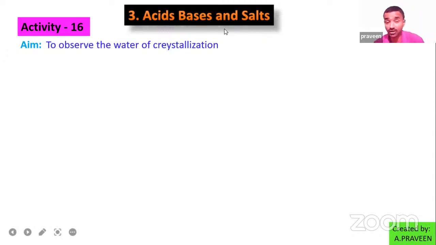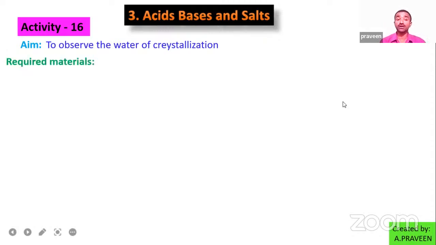If it contains moisture in it, maybe it looks dried, but if it is present with water, then that solid is said to have water of crystallization. It contains that water in the solid form only. Water droplets present in the crystal in solid form is called water of crystallization. Our aim is to observe the water of crystallization.